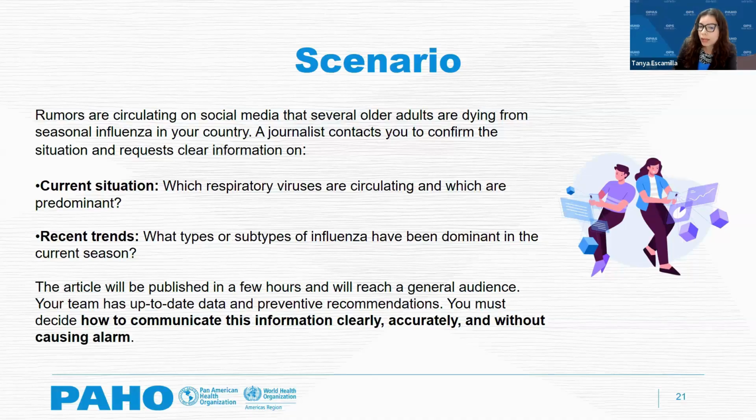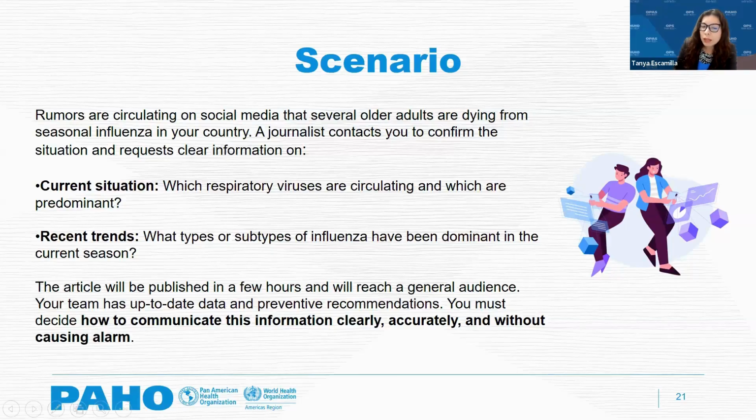on what's the current situation on respiratory viruses, which are the most predominant, what would be the trends, and what type of influenza has been the most dominant, in order to understand what's the cost of this, the people that have deceased. And the audience will be general public.